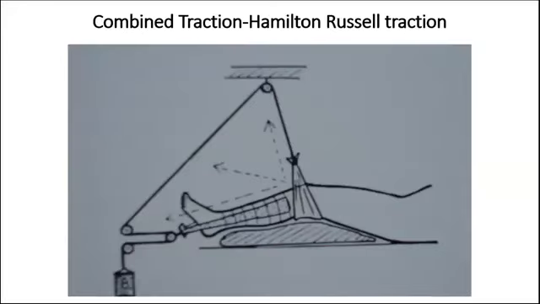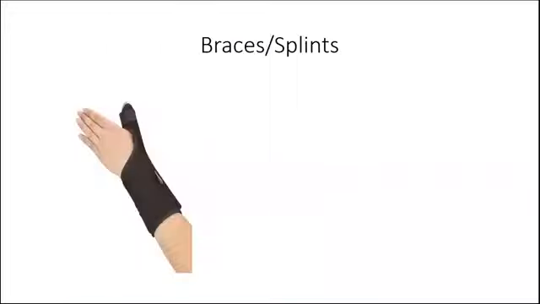This is a combination that uses a series of complicated pulley systems, slings, and skin traction. You can also use skeletal traction. Those who are at Kenyatta National Hospital do have this system and can appreciate this picture.